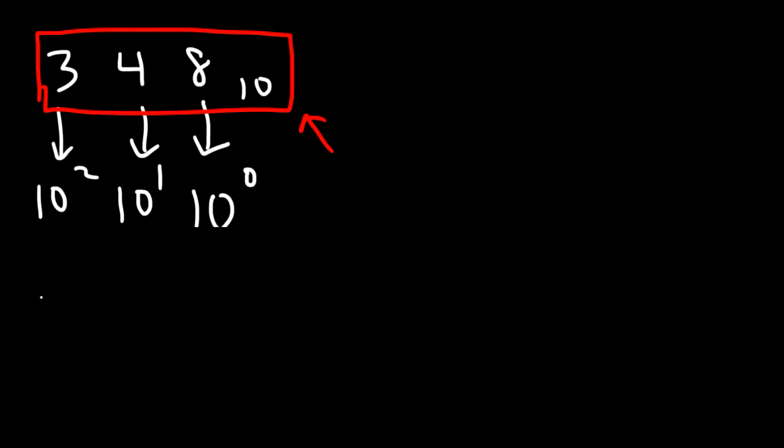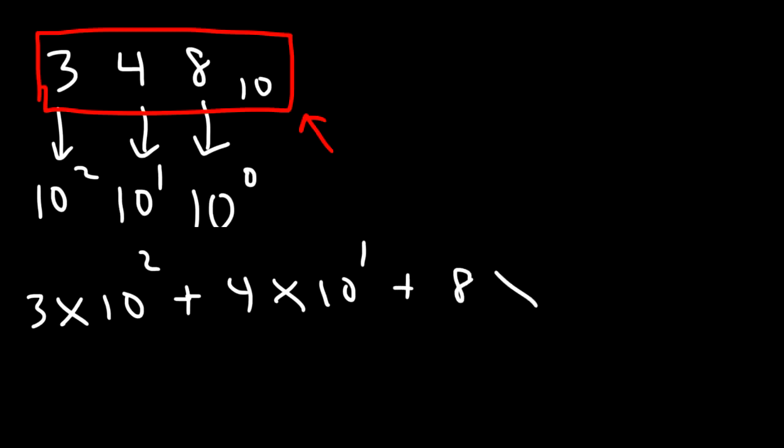So we can represent 348 as being 3 times 10 squared plus 4 times 10 to the first power plus 8 times 10 to the 0 power. Now 3 times 10 squared. We know 10 squared, or 10 times 10, is 100. 100 times 3 is 300.